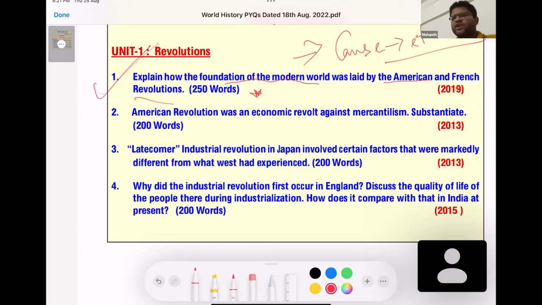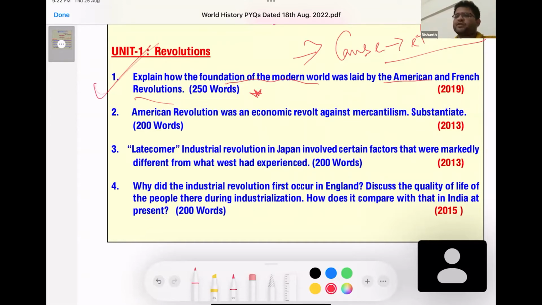Okay, so introduce with a proper setting and introduction towards the American Revolution and French Revolution. So you can say that, in 1765, the American Revolution was a pioneer or forefront revolution which has created ripples across the world, which was subsequently followed by the French Revolution in 1789.